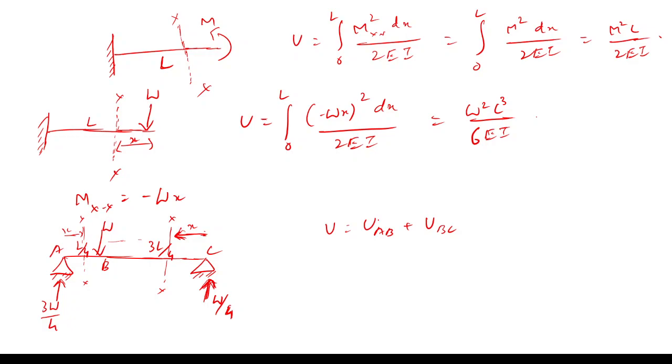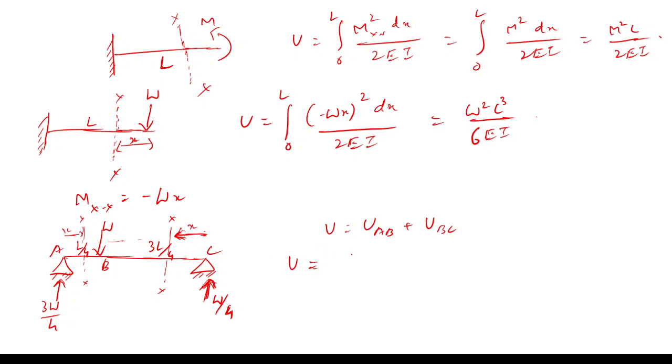Yes sir. Yeah. So for AB, can you say what is the bending moment equation? Sir, is the answer 9 by 512? 9 by 512, no. It is 3 by 512. Okay. Yeah.